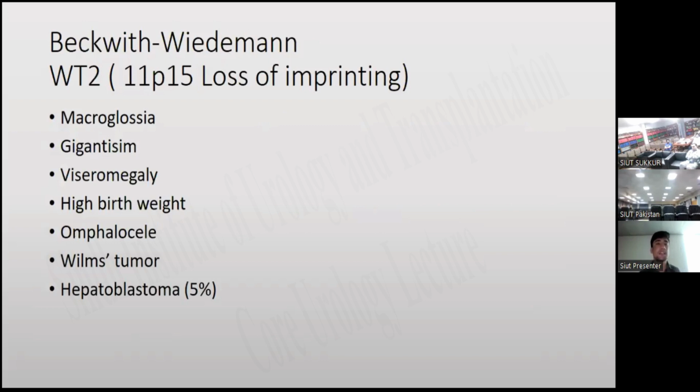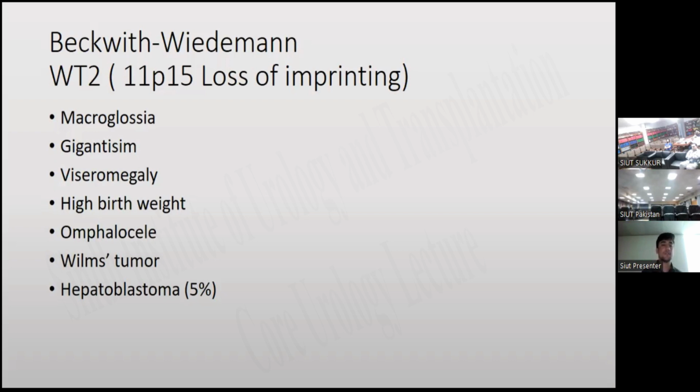And the next is Beckwith-Wiedemann syndrome. It is associated with the WT2 gene, and it has features of macroglossia and gigantism at birth. It could involve enlarged spleen, liver, high birth weight, hemihypertrophy, Wilms tumor, and hepatic tumor in 5% of cases.